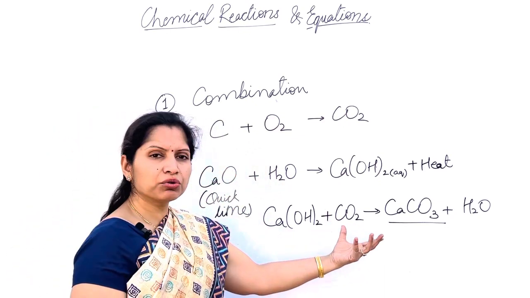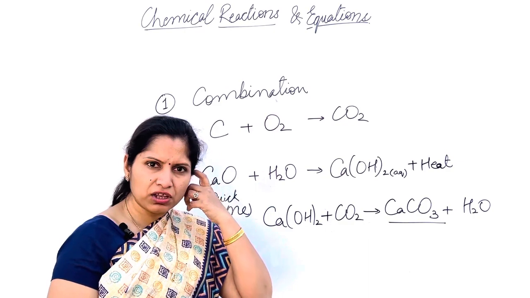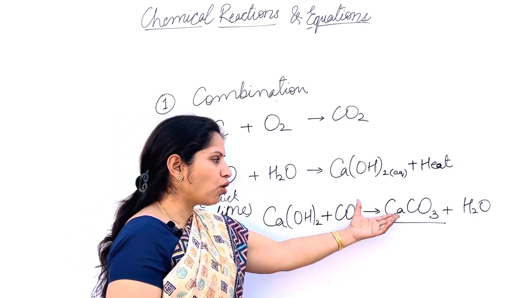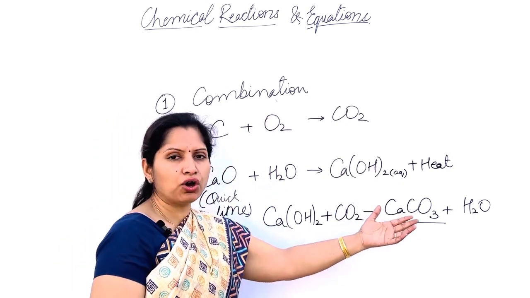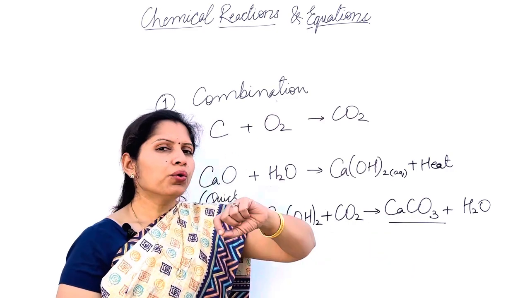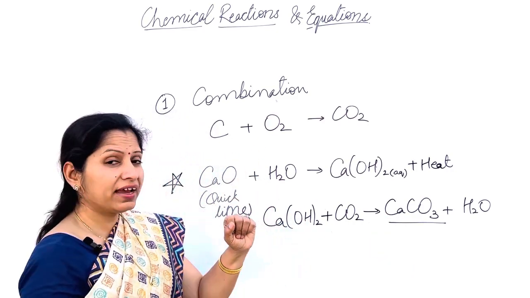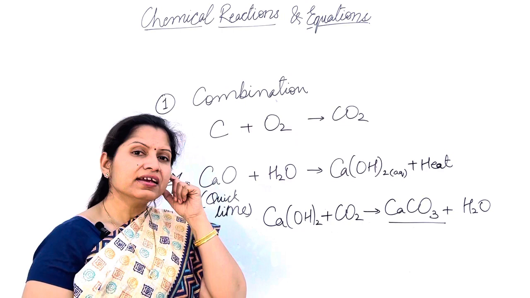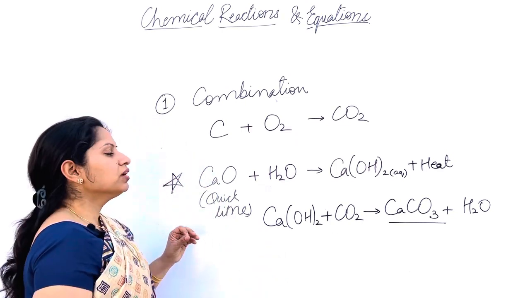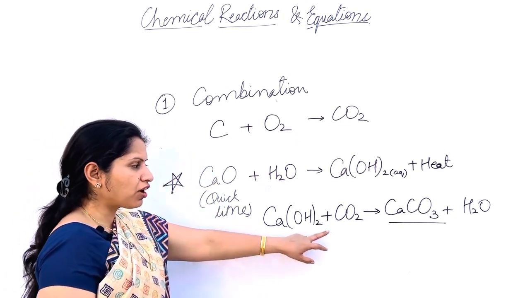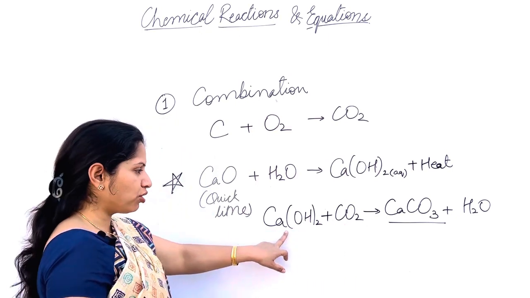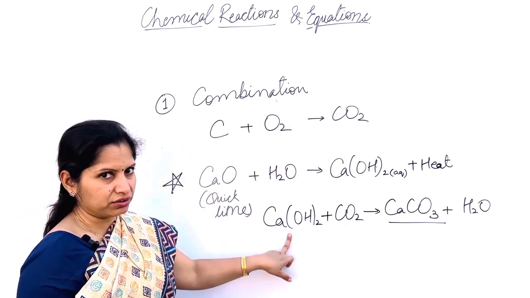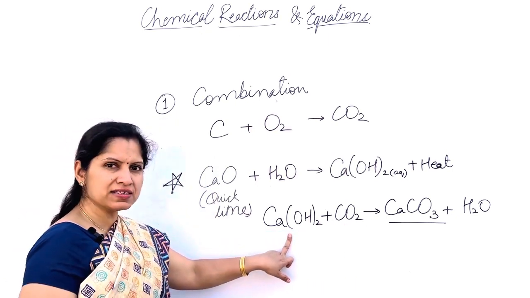This calcium carbonate is having the same formula as that of marble, as that of chalk. Okay, one more thing was there that we have already read in the previous chapters, that if carbon dioxide is passed through lime water, this is lime water. Okay, calcium hydroxide is also known as lime water.